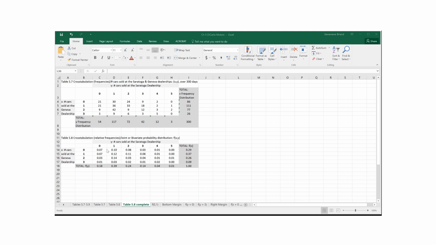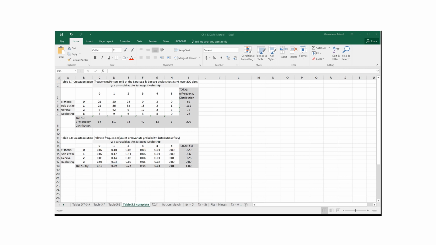Each cell in the body of the table gives us a joint or bivariate probability for car sales at both dealerships. The joint probability of selling 0 cars at the Geneva dealership and 1 car at the Saratoga dealership on a typical day is 0.10. So the F01 is 0.10.